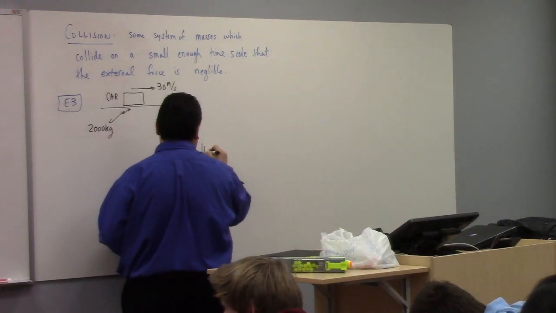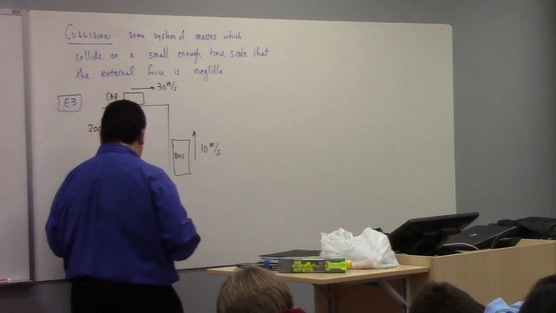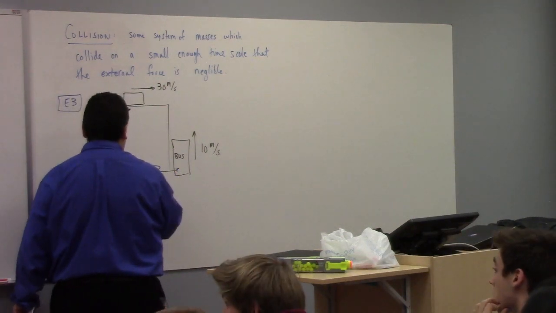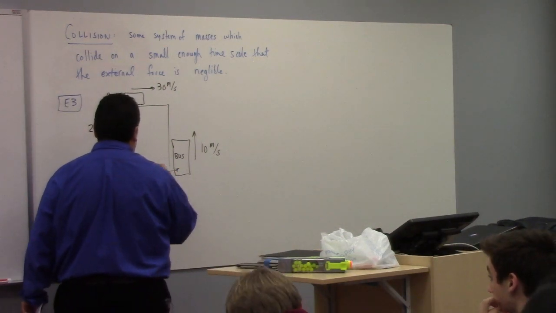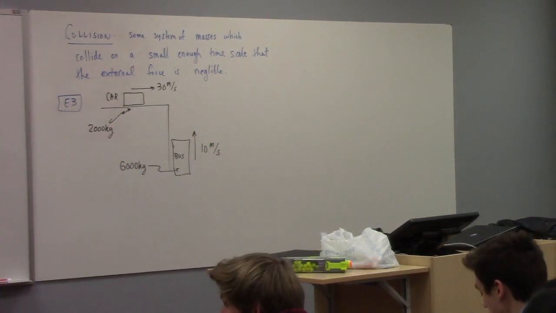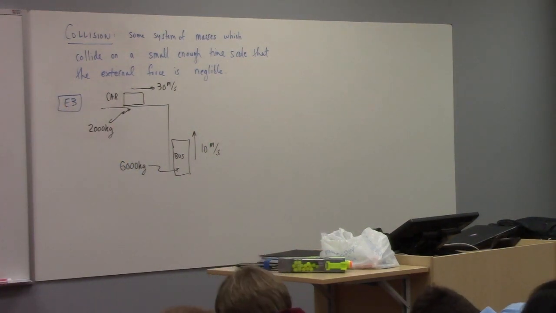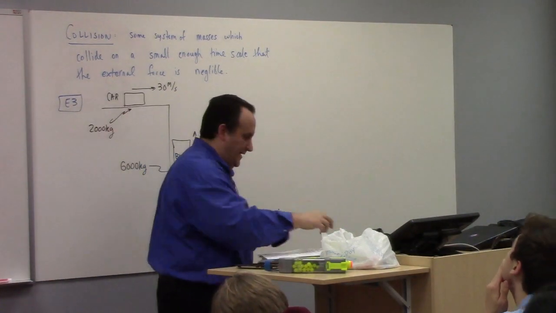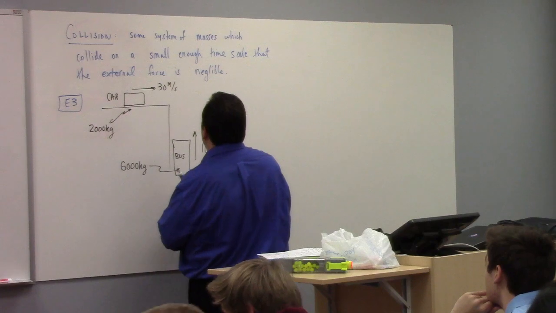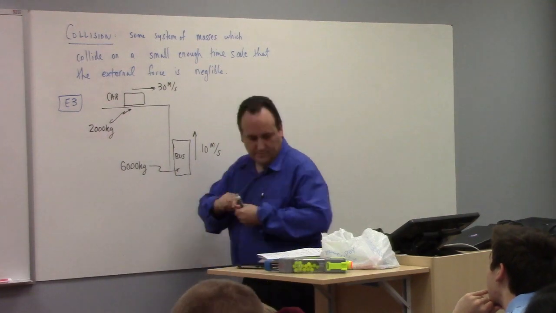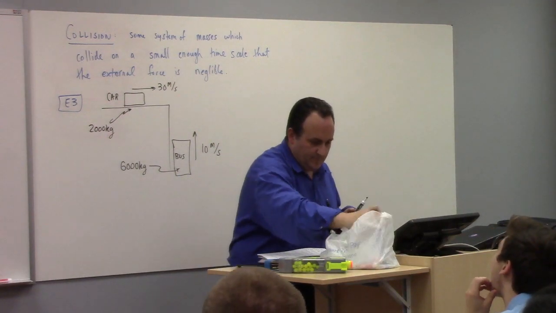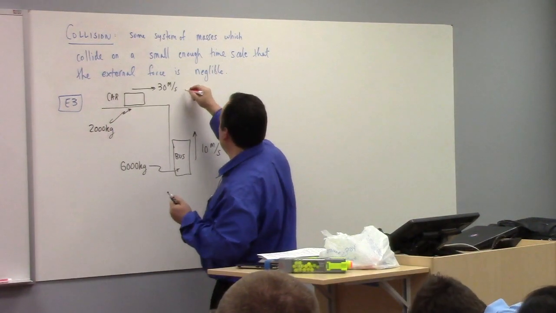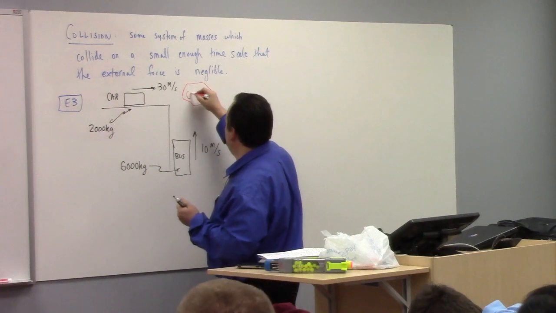We'll put it at 10 meters per second, and this is going to be a 6,000 kilogram bus. All right, so the car and the bus collide, and they get stuck together. So it's definitely not an elastic collision, right? So here you've got the car and the bus, they're all intertwined, car-bus.